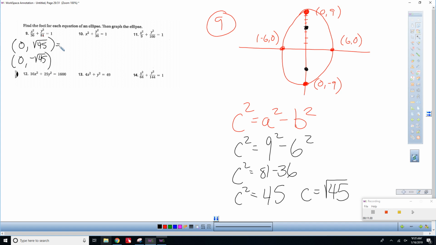And that is about 0, comma, what's the square root of 45? 6 point something? 0, comma, 6.7, and 0, comma, negative 6.7.